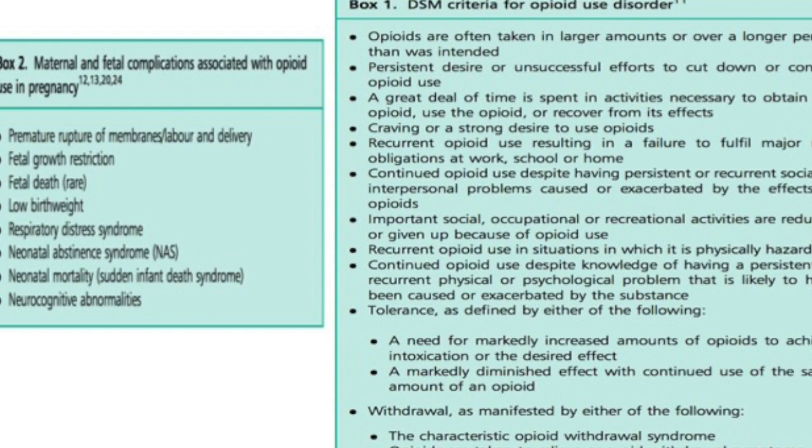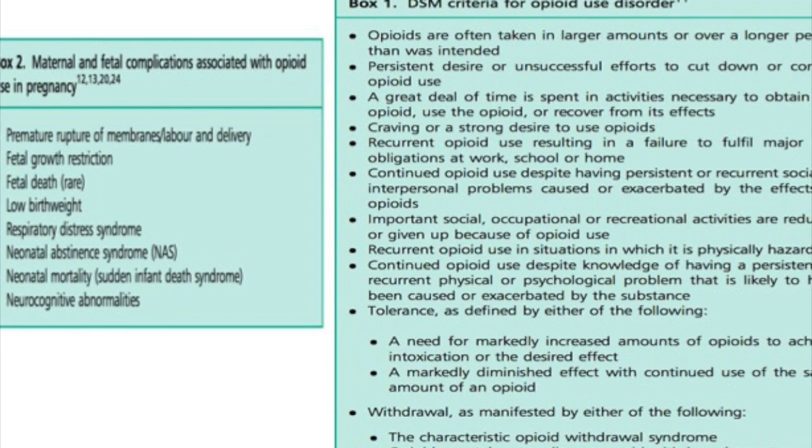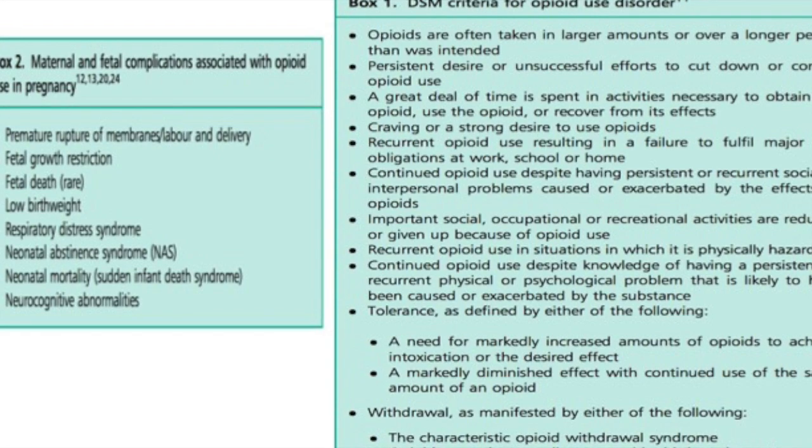Withdrawal as manifested by either of the following: the characteristic opioid withdrawal syndrome, or opioids are taken to relieve or avoid withdrawal symptoms. So this box highlights the criteria for an opioid use disorder. So how would you define that in a patient?